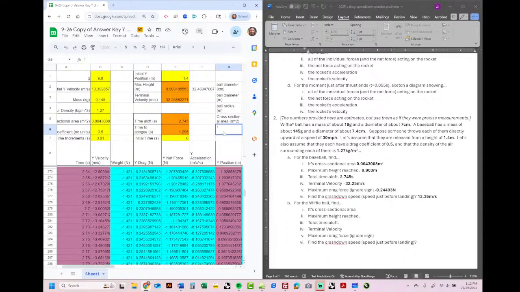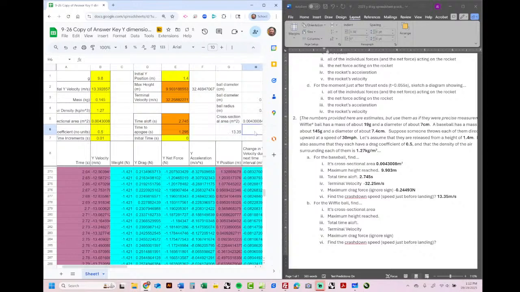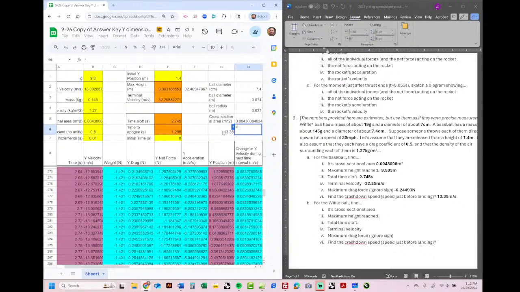So 13.35 and convert that from meters per second to miles per hour, times 2.24. So 29.9 miles per hour. So it was thrown up at 30 miles per hour and it came down at 29.9 miles per hour. So it's not too affected by drag.